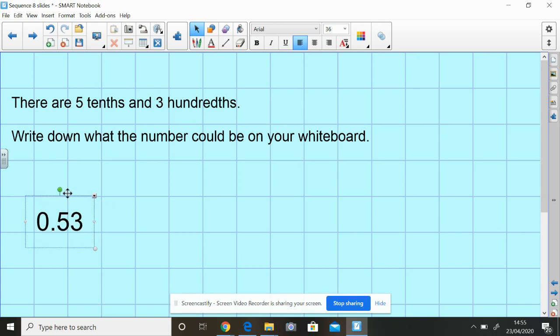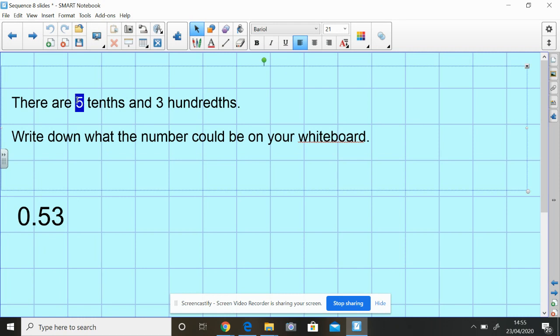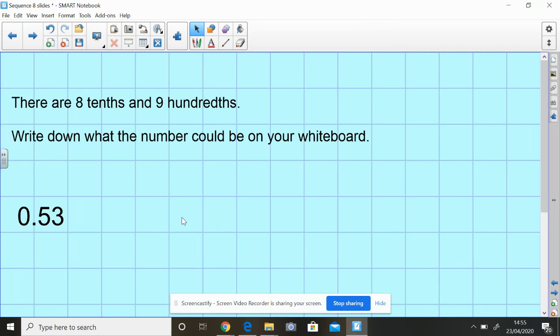Here's my 3 hundredths. So another one. In my number, there are 8 tenths and 9 hundredths. What is my decimal? It is 0.89, because I've told you I have got 8 tenths and 9 hundredths.